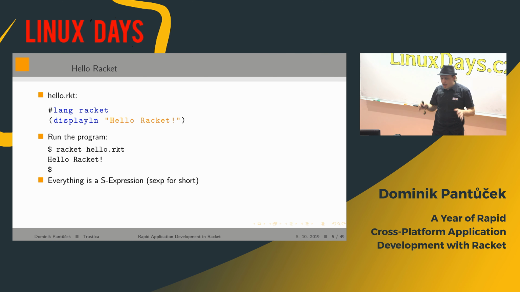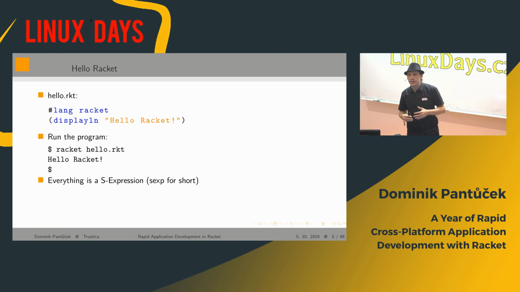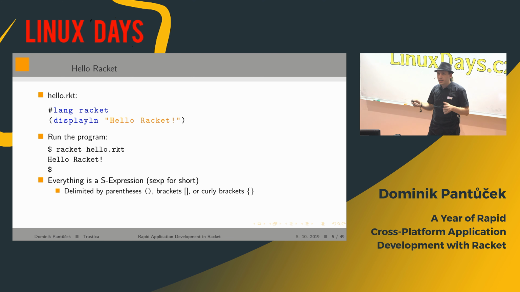So the thing is, everything is an SEXP, or S-expression, in Racket. That means symbolic expression. What is a symbolic expression? That's basically just a list delimited by parentheses or brackets, or in this case curly brackets. Actually, it doesn't matter, because in Racket, contrary to original Scheme, all the brackets are equal.